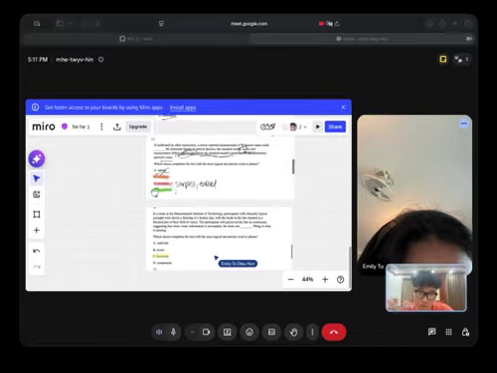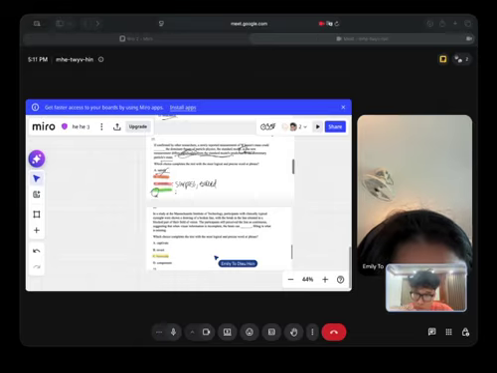Alright, it means block or defend it, right? That's a noun, right?